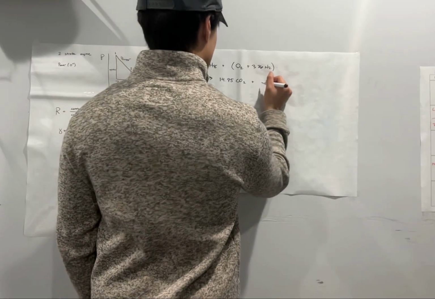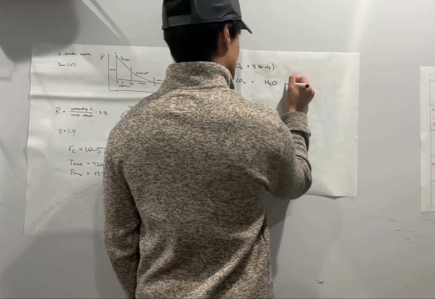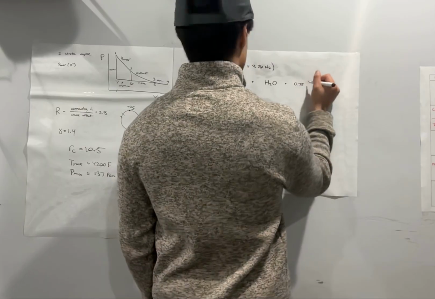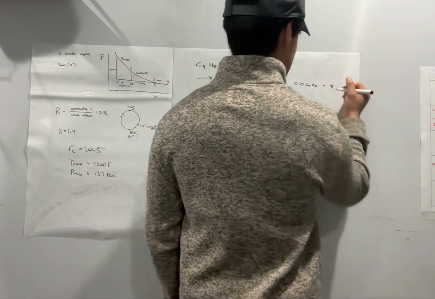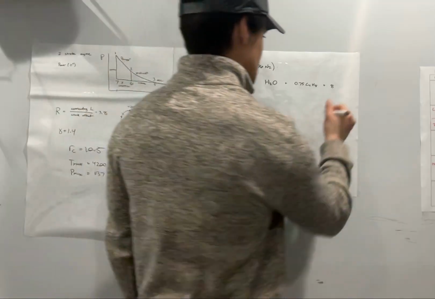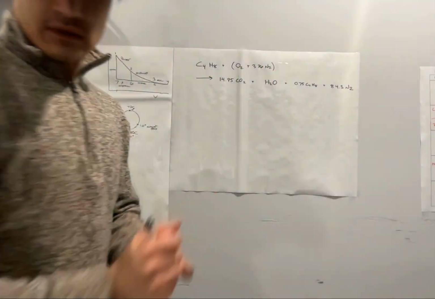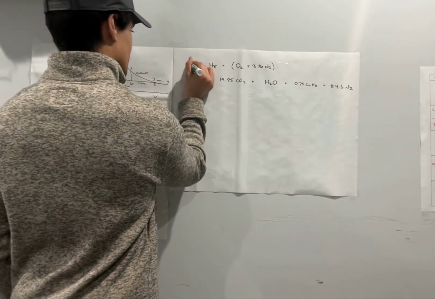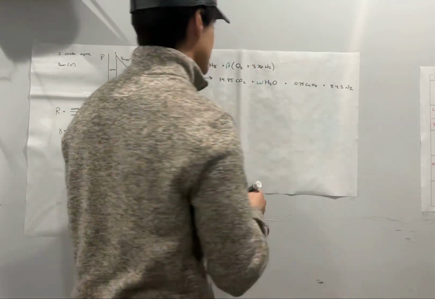We don't have that for H2O, so I'll just write that plus 0.75 C4H8 plus 84.3 N2. Call these alpha, beta, omega.